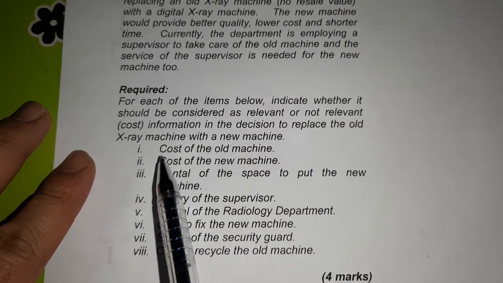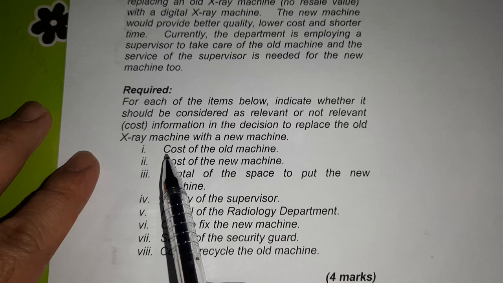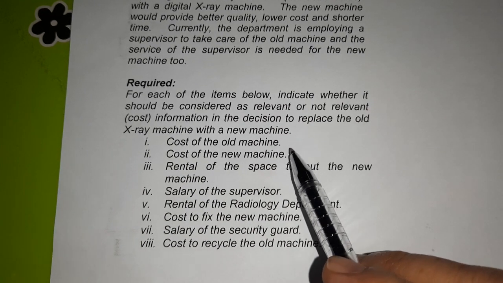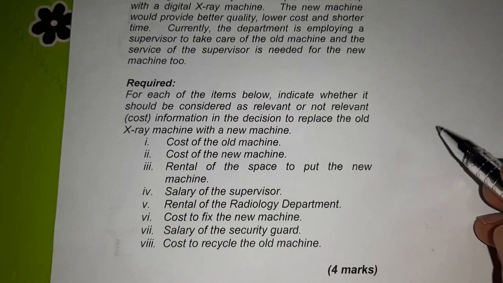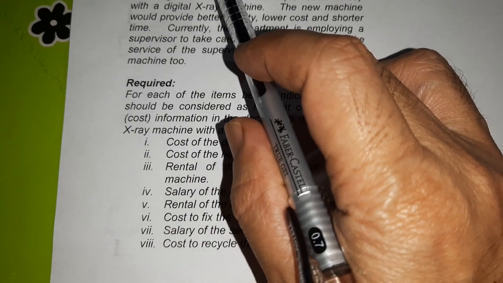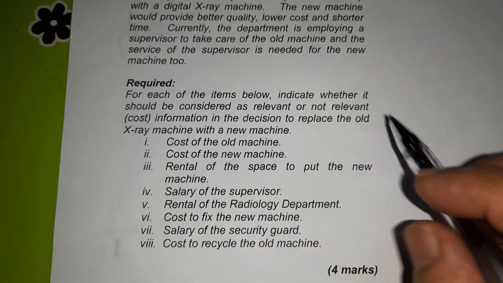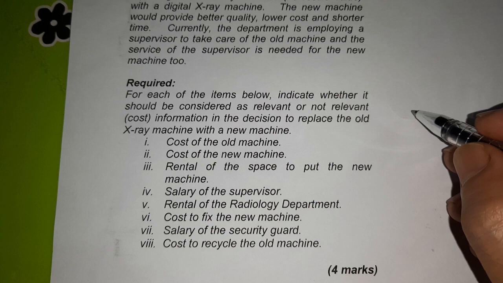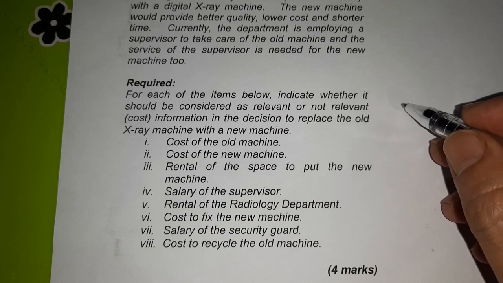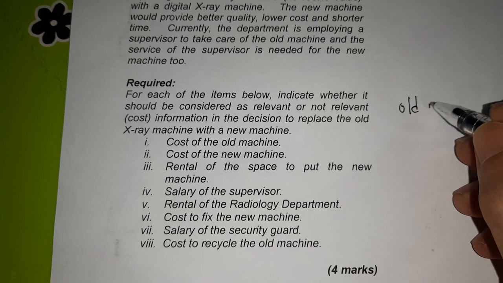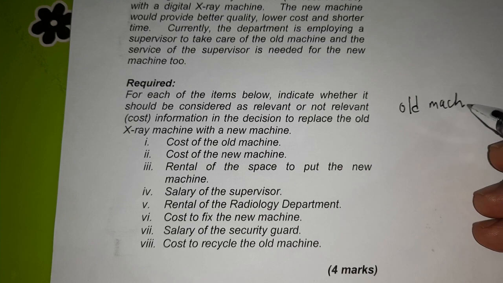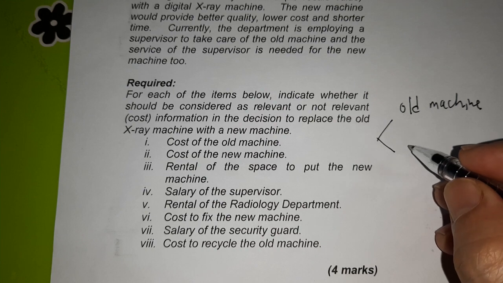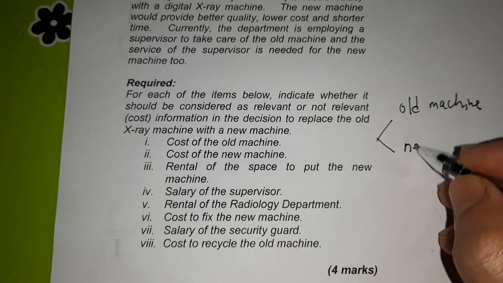Now, item number 1 is cost of the old machine. So now this situation here is the business, Sentosa Hospital, wants to decide whether to use the old machine or to purchase or buy a new machine.